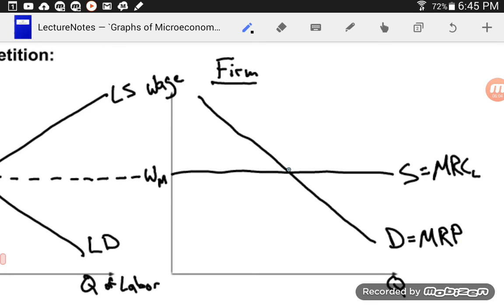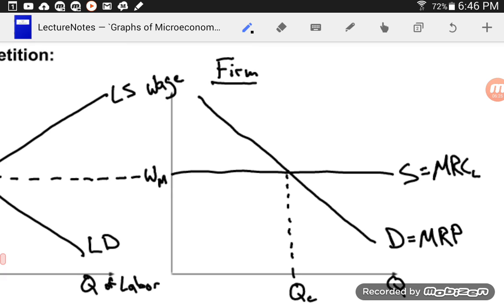So again, in this case, I'm going to hire exactly this number of people. Here's my equilibrium quantity. I'm not going to hire down here.